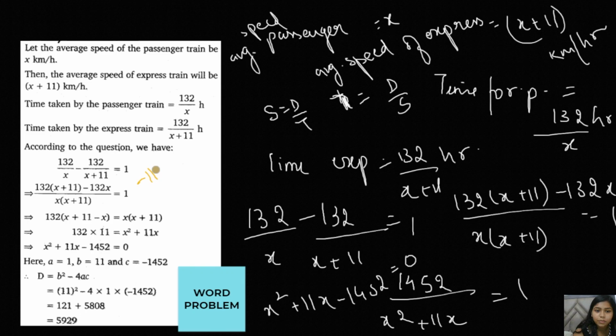First you have to make sure whether 5929 is a perfect square or not. You can find out like this: 7 sevens are 49. I think 1499, okay, this is not.